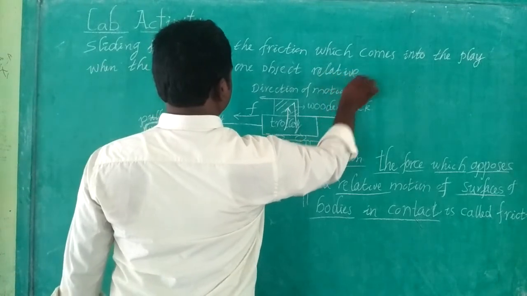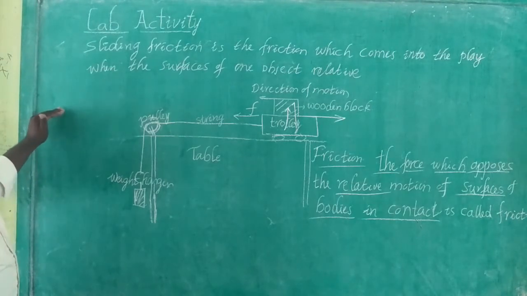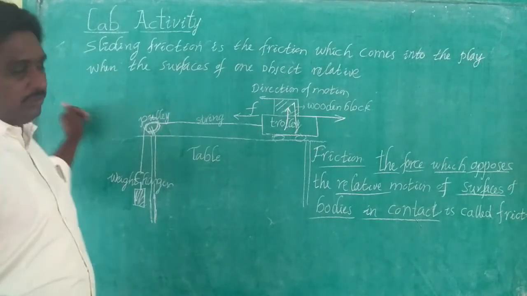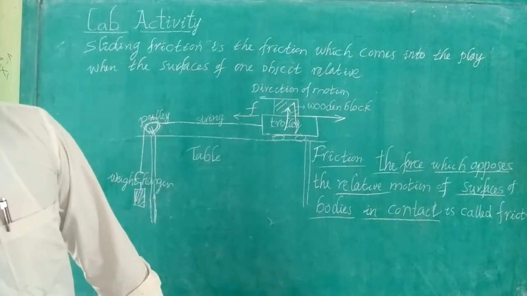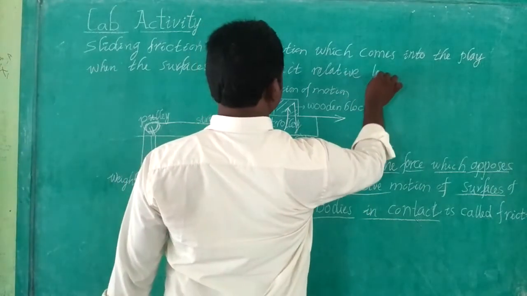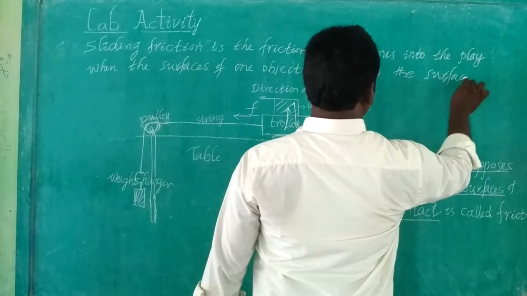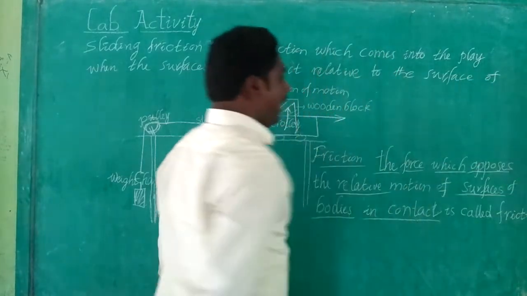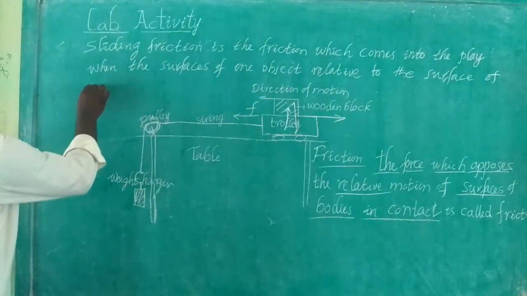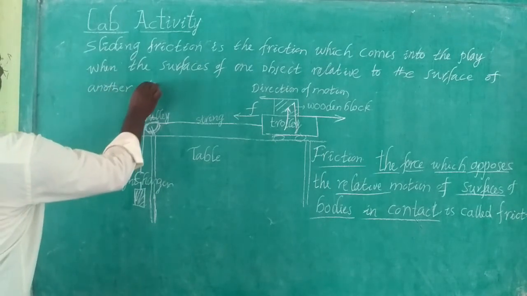Sliding friction is a friction which comes into play when the surface of one object moves relative to the surface of another object.